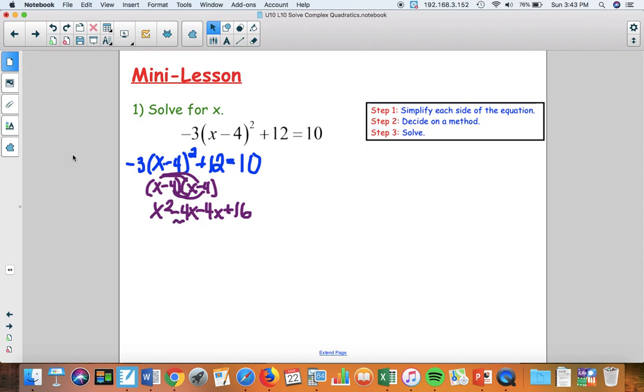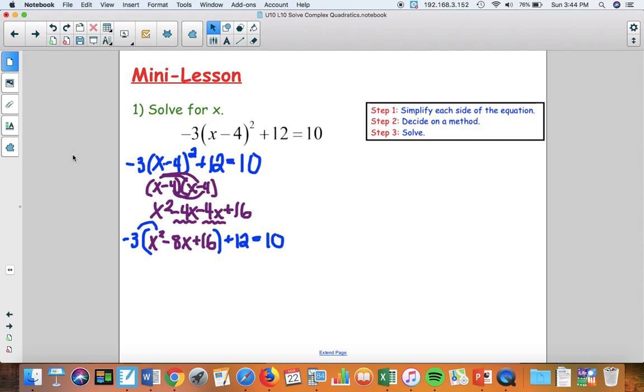We can combine our like terms here, which will then give us x squared minus 8x plus 16. Now we can't forget everything from the start. So we have that negative 3 in the front. We need the parentheses around what we just found because that negative 3 has to be multiplied to everything there.